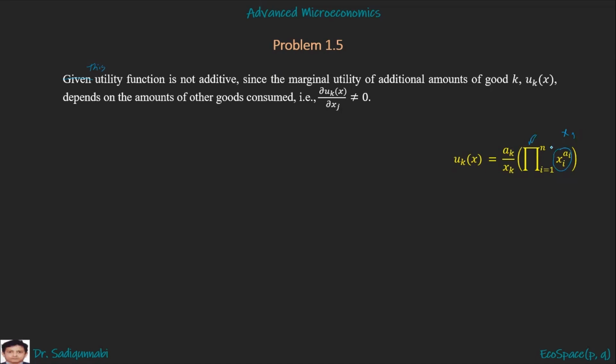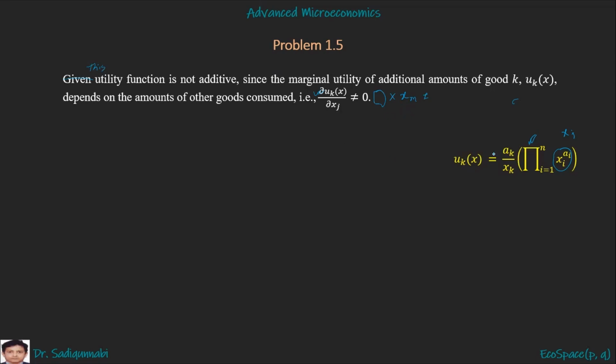If we take the derivative, that means del uk del xj, which is not equal to 0. That is our point.